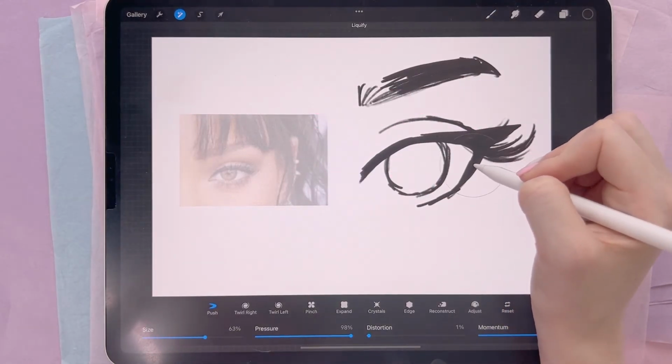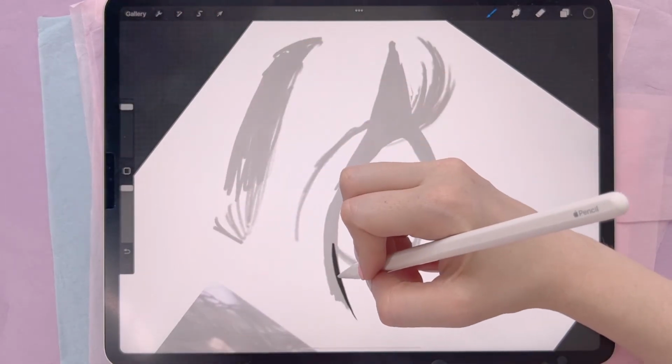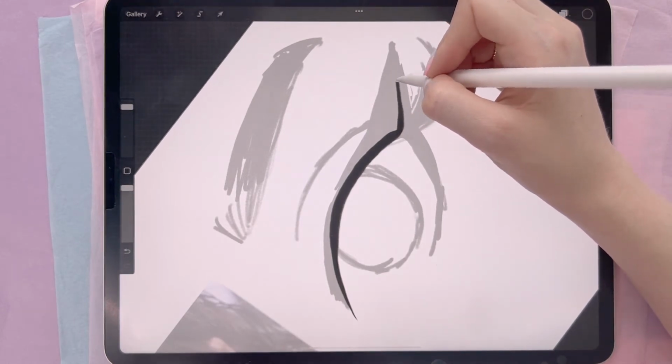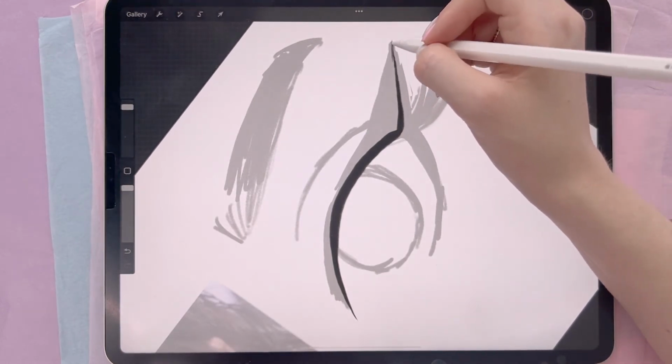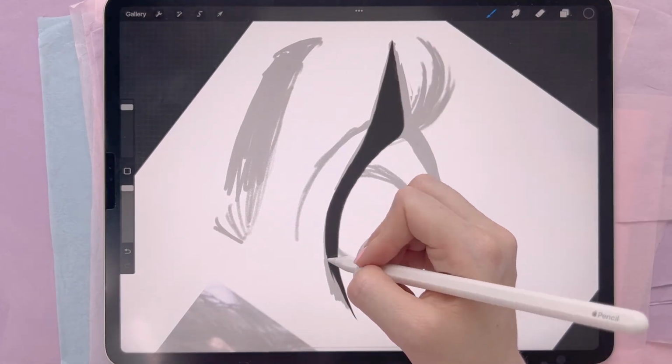With these eyes, they have more of a raise at the outer edges to them, and I feel like the lashes would flick higher up, and they'd be more prominent at the edges of the eyes, kind of like demi lashes, I guess.